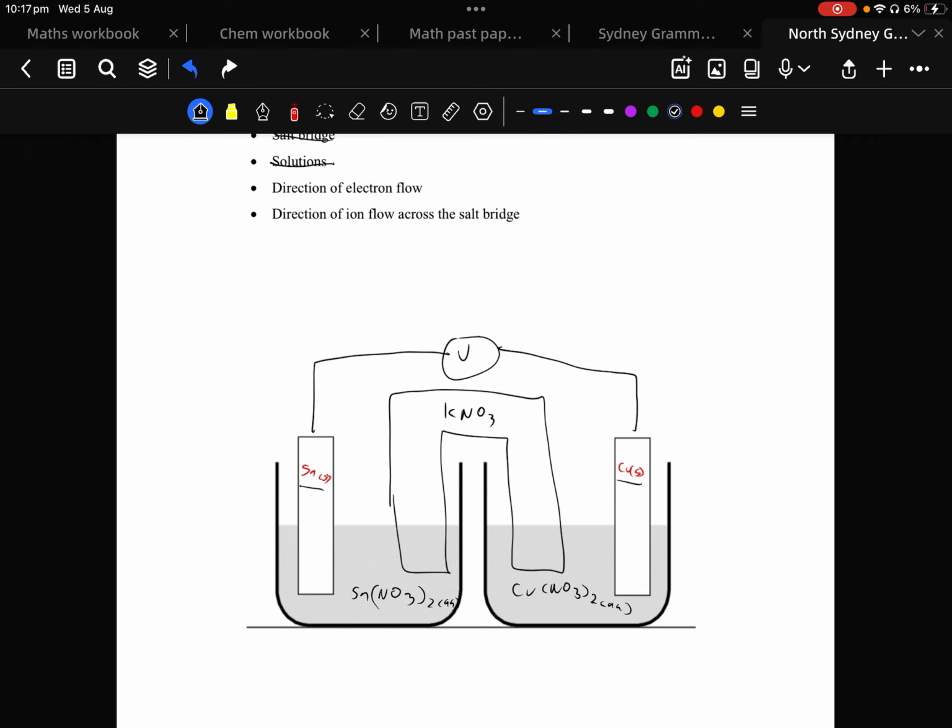Now we have to label our direction of electron flow. We know Sn is more reactive than copper, so it will want to go into the solution, right?